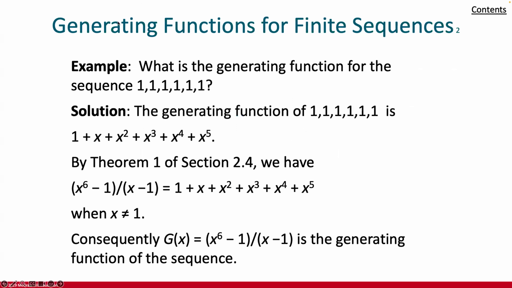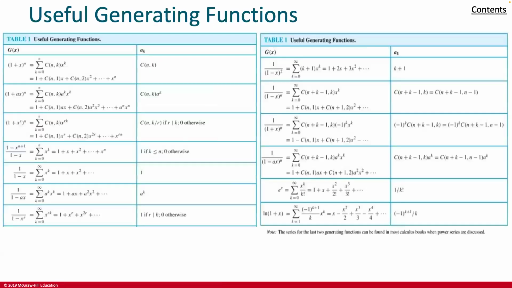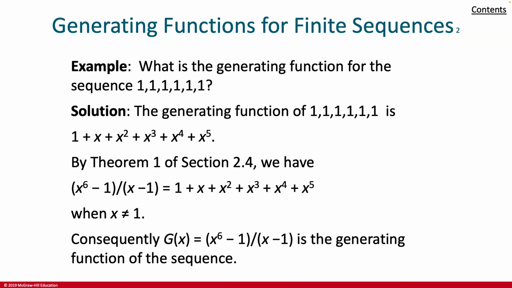So how do we go about generating functions for finite sequences? Here we see a sequence where it's all ones. And so this is what we end up coming up with to solve this type of relationship. That's just one example. I know this is going to be really hard to read, but this is table 1 in this chapter, and I would refer you to Rosen to look this up in more detail to get an idea of what these generating functions would look like.